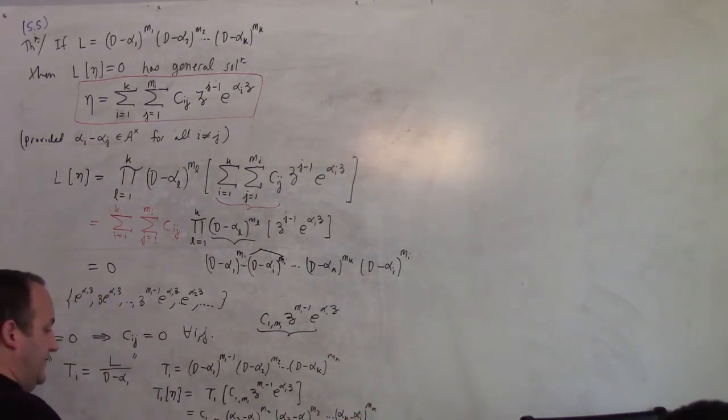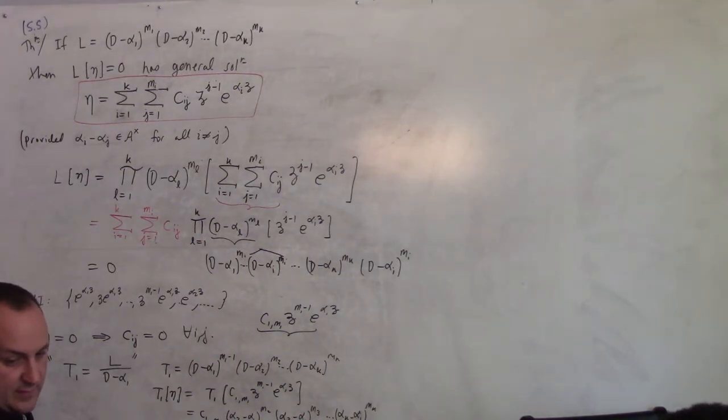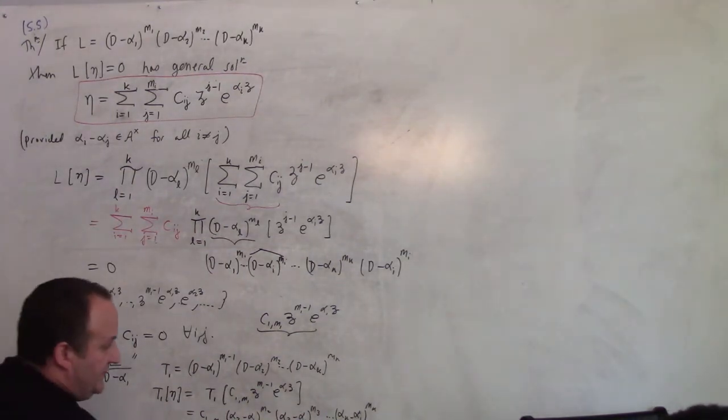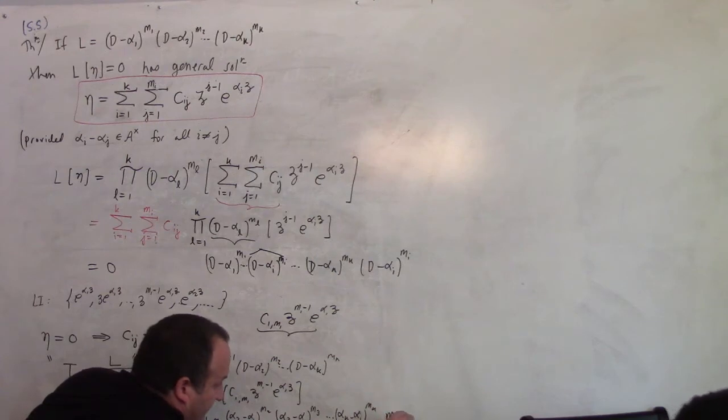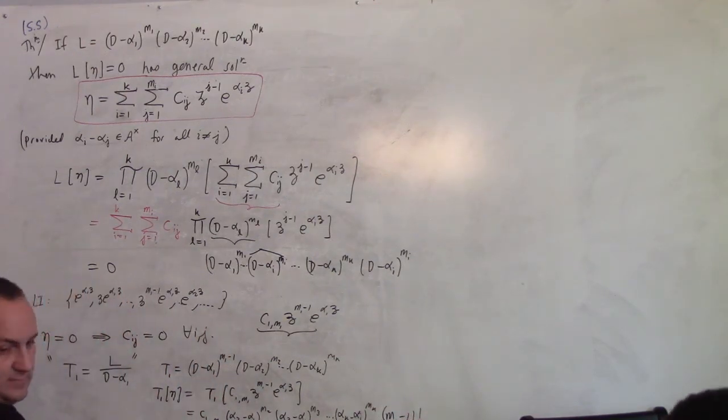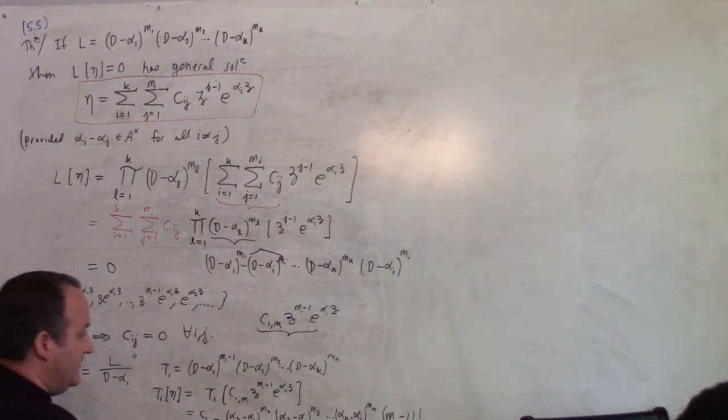And then, from alpha 1 itself, you get M1 minus 1 factorial. And all of that multiplies your residual e to the alpha 1 zeta.